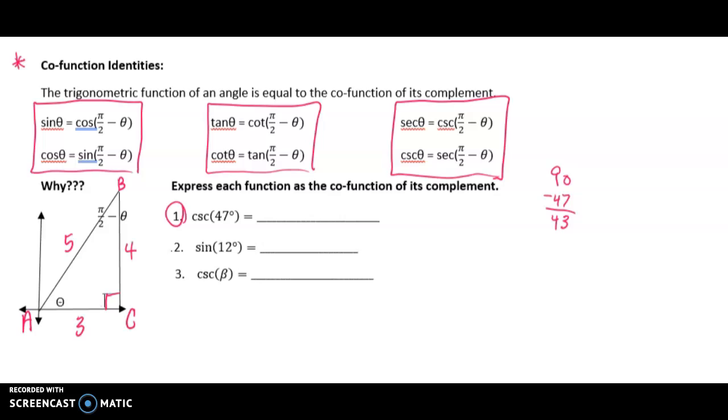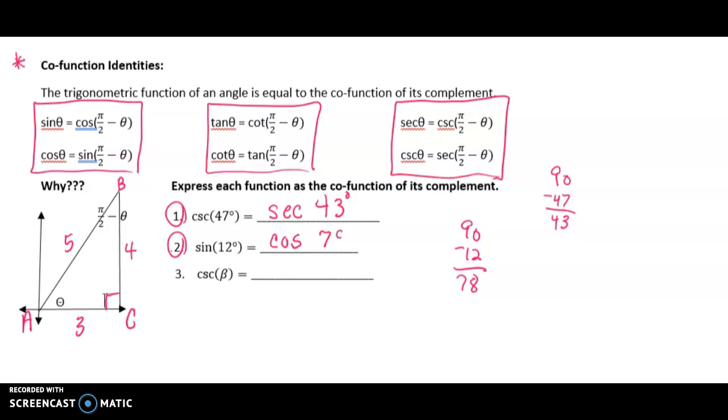So the cosecant of a 47-degree angle would equal the secant of a 43-degree angle. The sine of a 12-degree angle would equal the cosine, because sine and cosine are co-functions, of 90 minus 12. 90 minus 12 is 78.